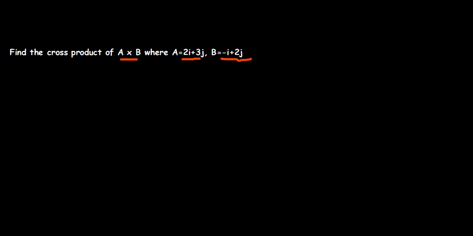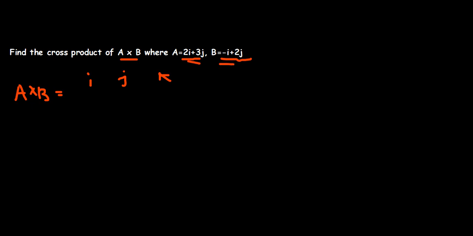The cross product of A and B will just be A cross B, which equals i, j, and k. Now let's write what we've been given in these vectors.